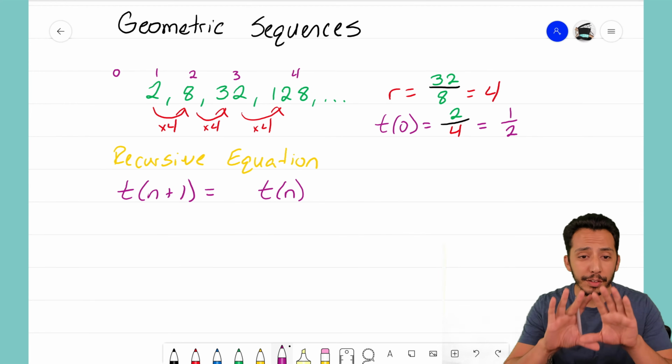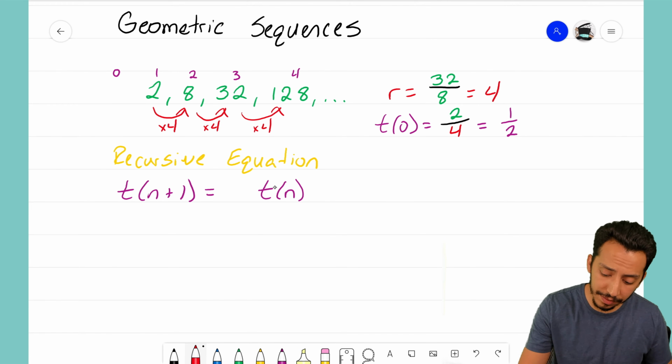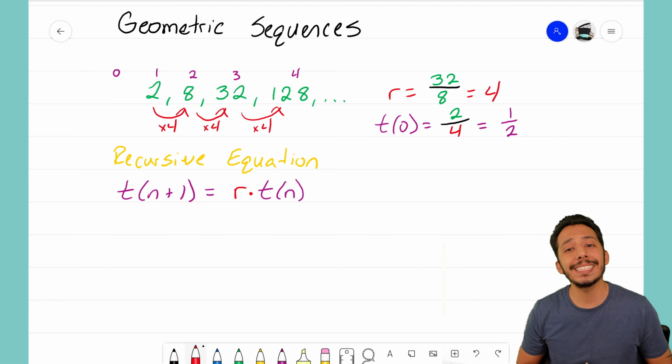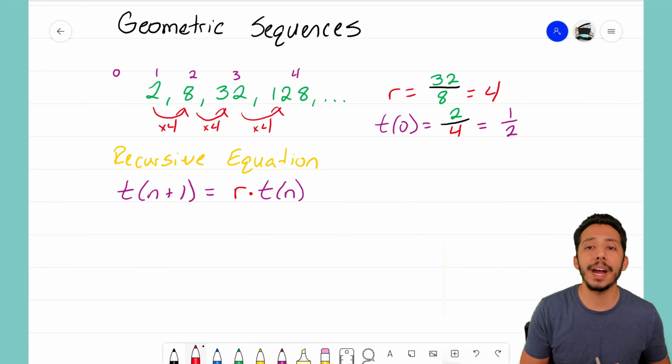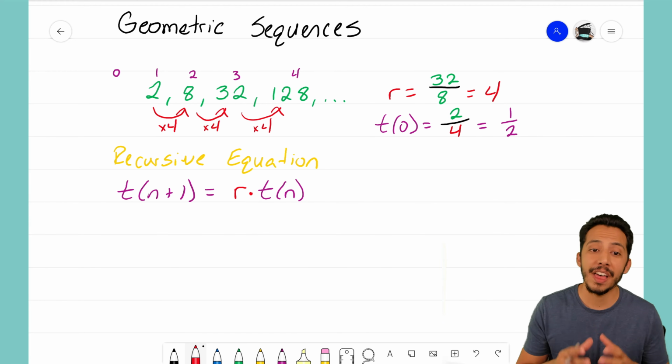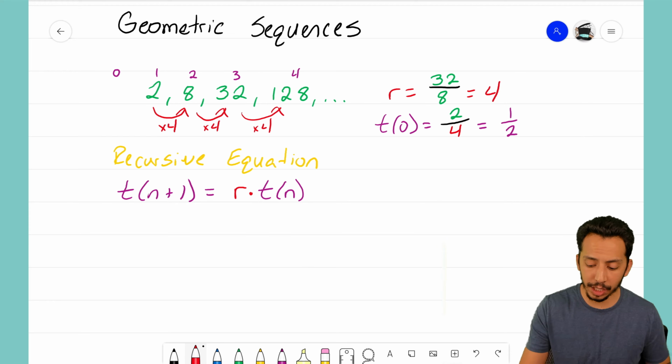In a geometric sequence, we take the old term and we multiply it by our common ratio. So for our generic formula for the recursive equation, what goes in front of t of n is r. We need to take our old term and multiply it by our common ratio. That is the formula for a recursive equation for a geometric sequence: t of n plus 1 equals r times t of n.